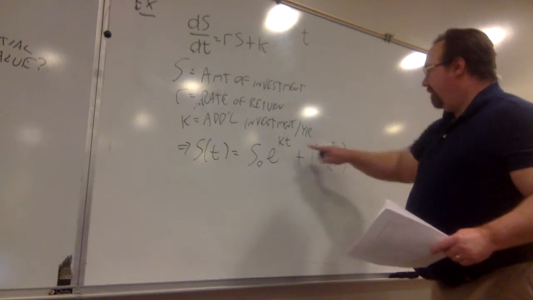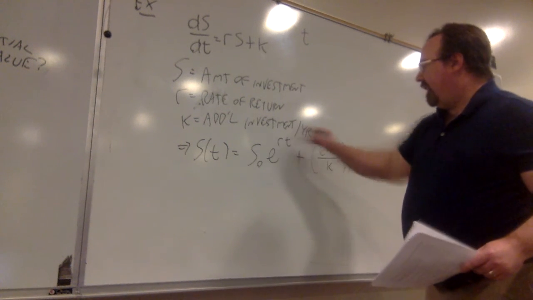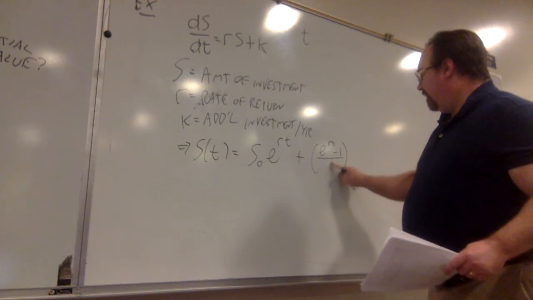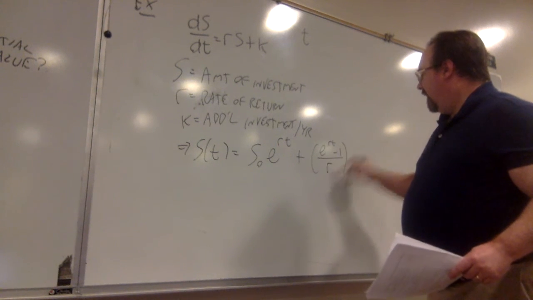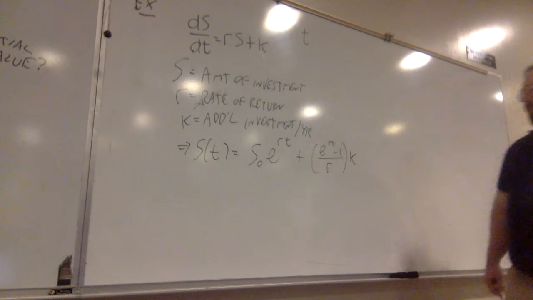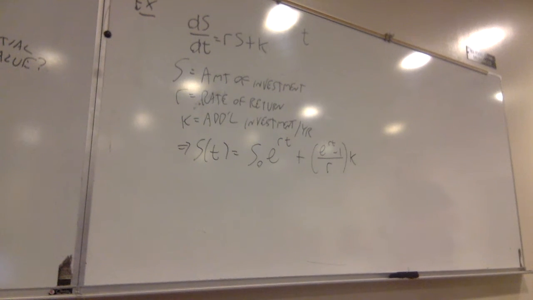No, that's not right. These are r's, not k's. Thinking of a wrong example. All right, and k goes here. So it's r that determines the actual rate of growth.